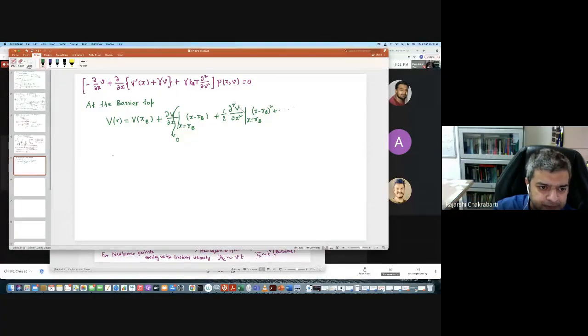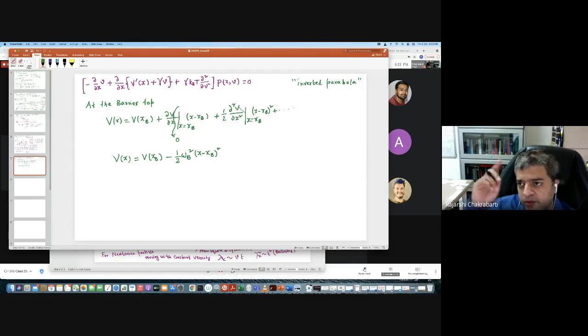So it is going to be minus half, inverted parabola, at the barrier top, inverted parabola.